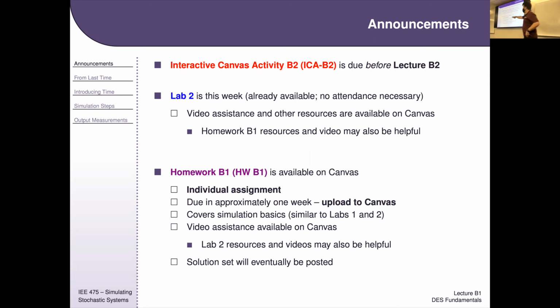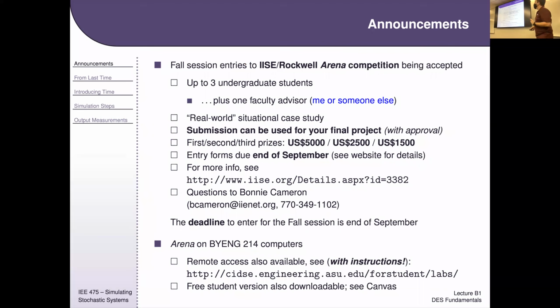Homework B1 is available to do in approximately 1 week, uploaded to Canvas, and covers some simulation basics. Again, there's also a hand simulation, and we're going to get into how to do hand simulation in this lecture, and then into more detail in Thursday's lecture. That's the roadmap so far.